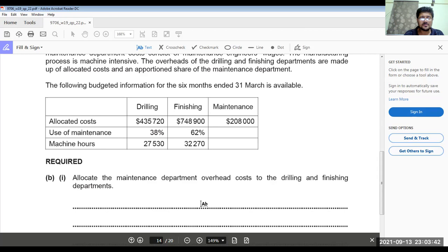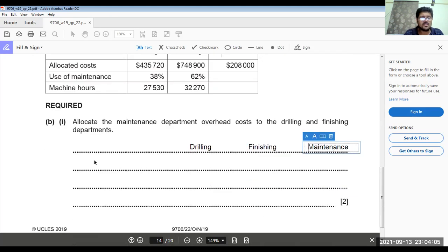Allocate the maintenance department cost to the drilling and finishing departments. So what we have to do, we have to write over here drilling, finishing. Now allocated cost: drilling, $435,720.